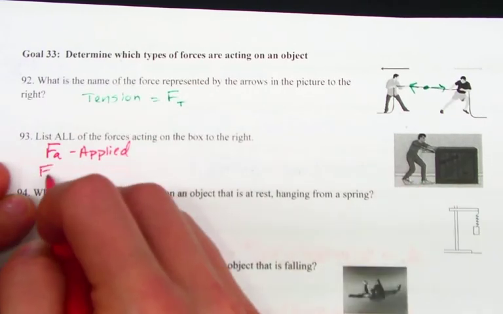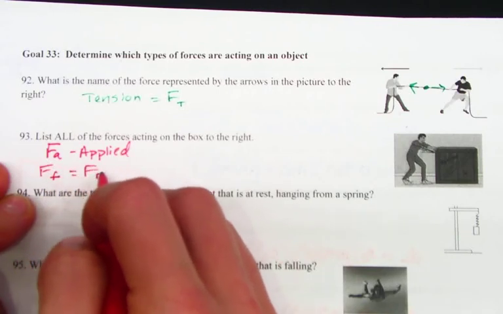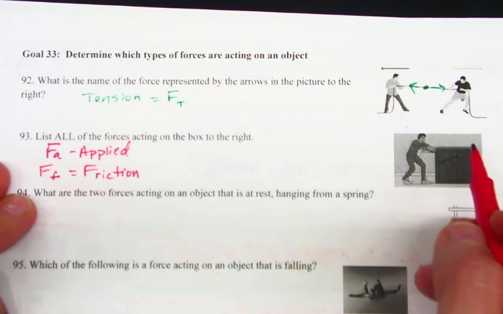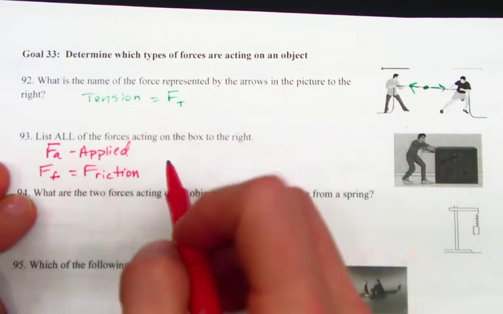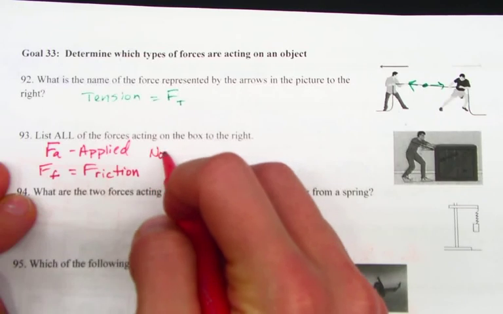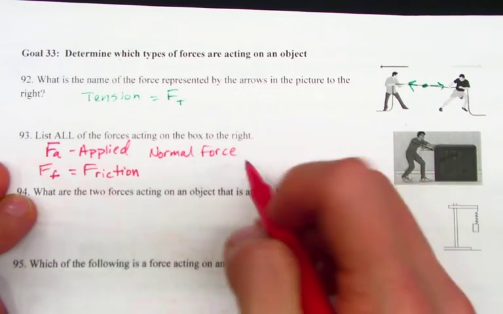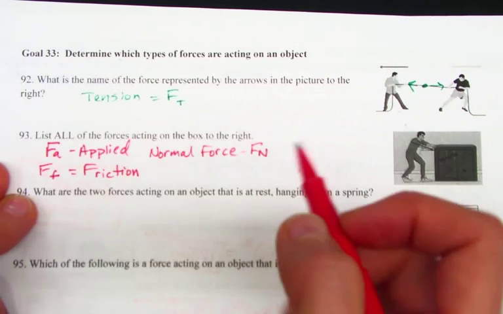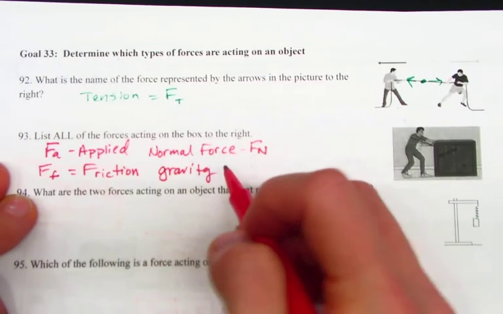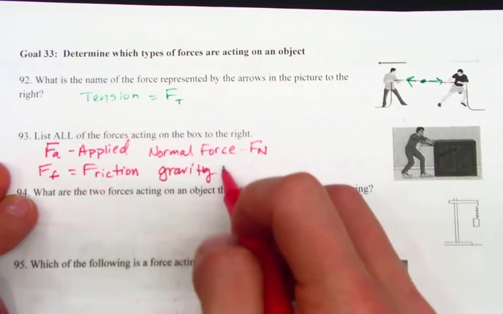The friction force, and that's because the box is moving. What else we have? The normal force. That's Fn. And the gravity force. And this one's going to be Fg.